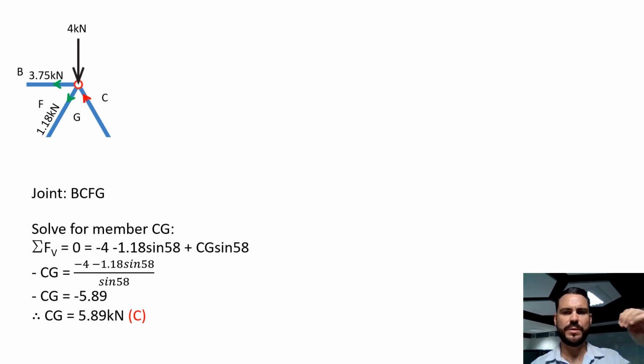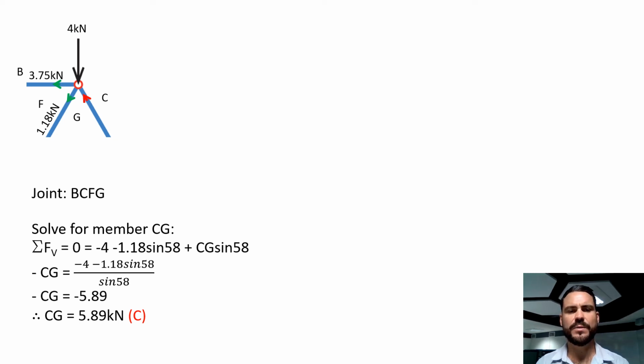Negative 4, because that top value is pushing down, minus 1.18 sine 58. We're only looking at the vertical forces, plus CG sine 58.